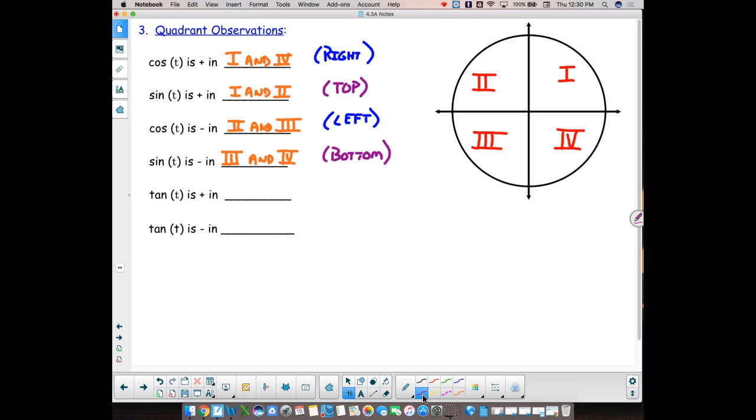What about tangent? Where is tangent positive? 1 and 3. Okay? Tangent's positive in quadrants 1 and 3.